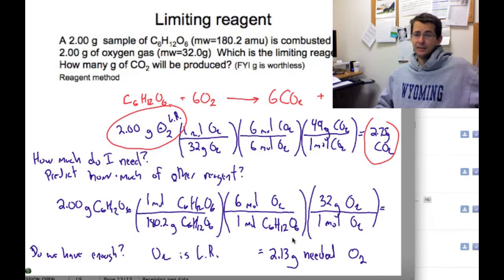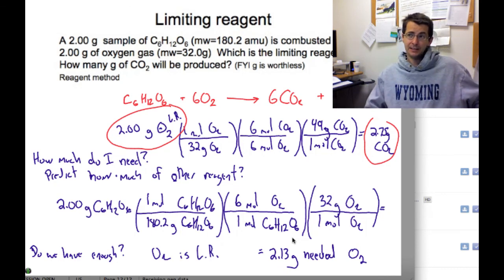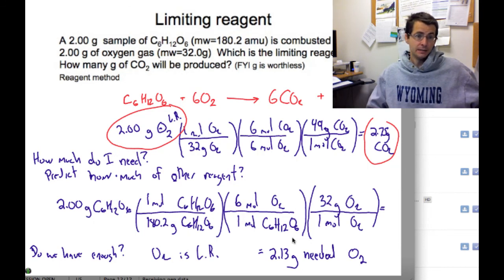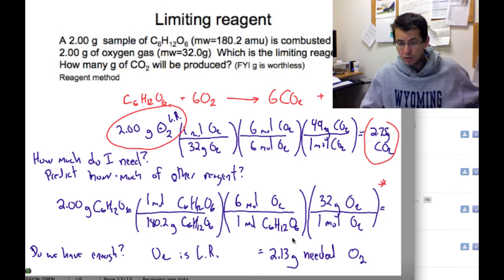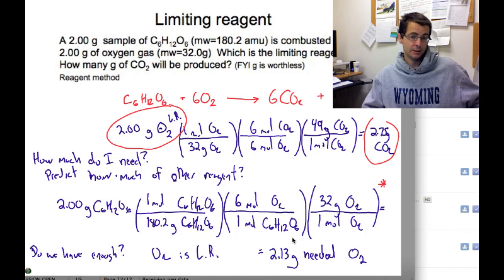You're asking yourself, Dan, what's the advantage of this method? Well, 50% of the time you get the limiting reagent on 1 try. You don't actually have to do 2 limiting reagent calculations.